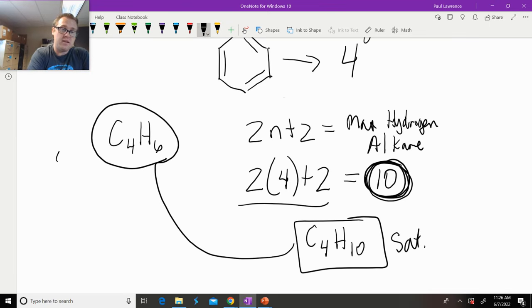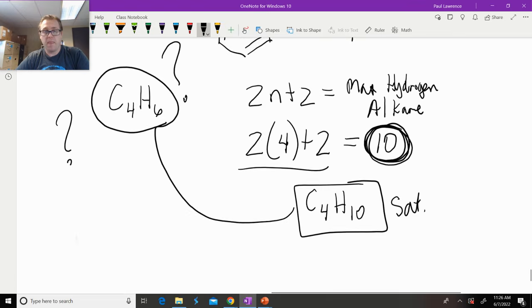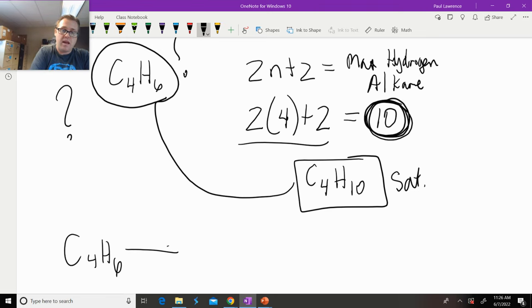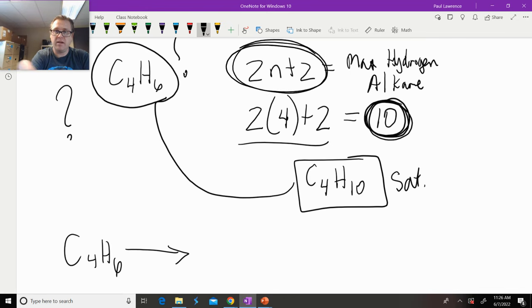So what is the degree of unsaturation for that molecule? What you do, how you solve this problem, is you write down the chemical formula that's given to you, and then you write down what the chemical formula would look like if it was saturated. So you're going to use this equation right there. And so that new formula is going to look like this.